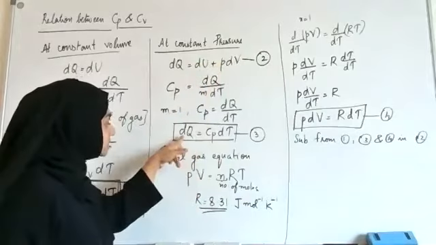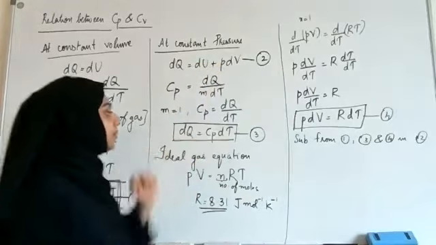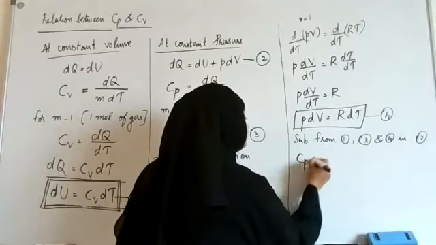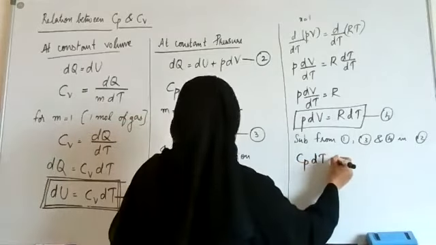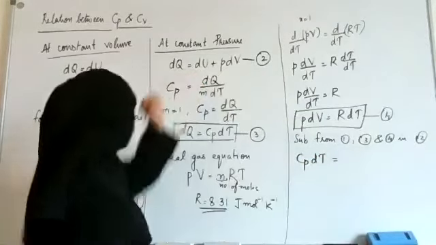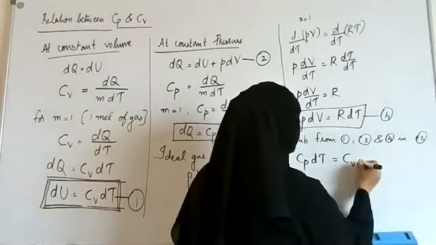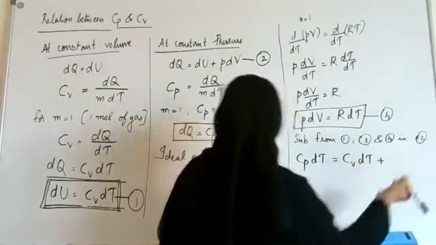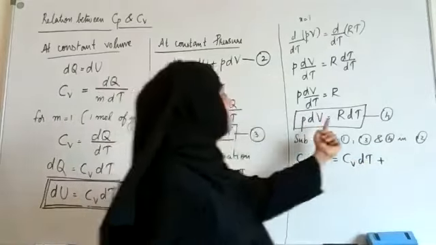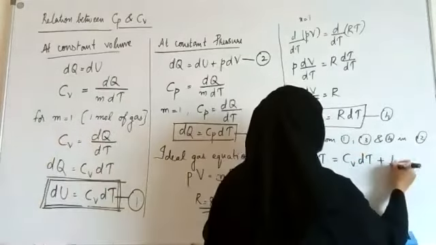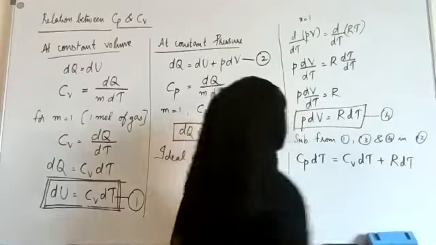So it will become, instead of dQ, Cp dT is equal to, instead of dU, Cv dT, plus, instead of PdV, we have RdT, right?